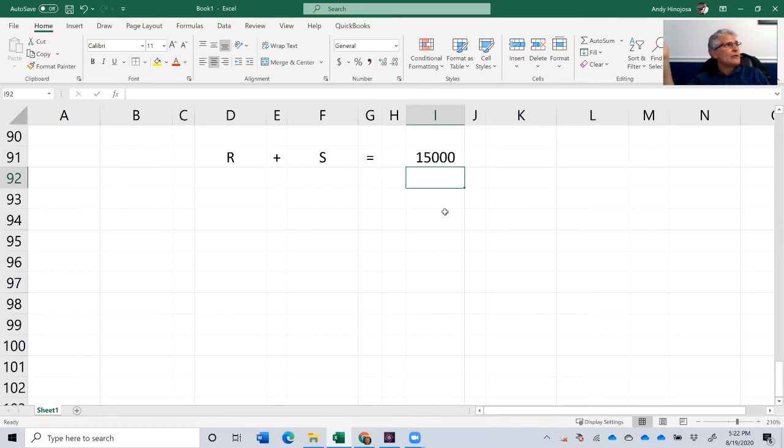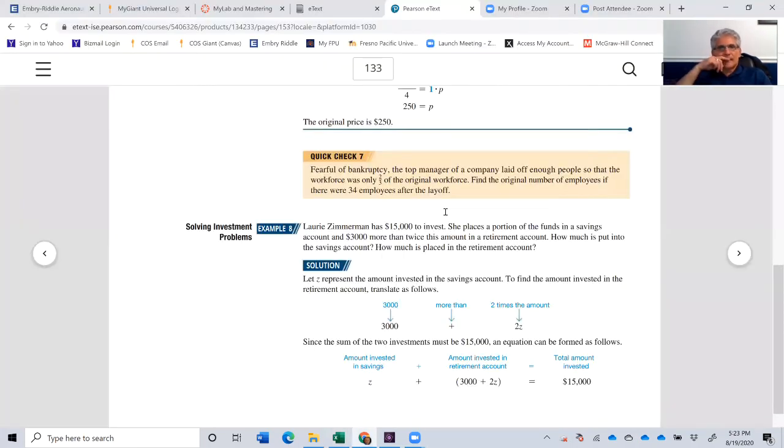Well, we have two unknown variables, a retirement amount R that we don't know and an S we don't know. So what do we have to do? Similar to what we did in the earlier problem, we have to find a way to understand how one relates to the other. So what did it tell us? She places a portion of the funds in a savings account and $3,000 more than twice this amount into a retirement.